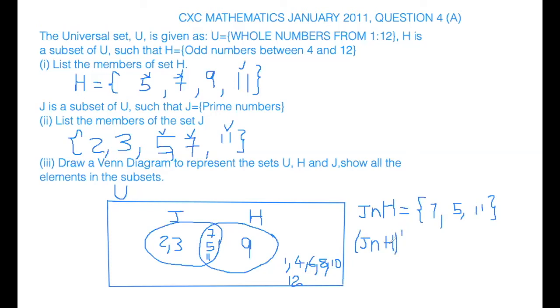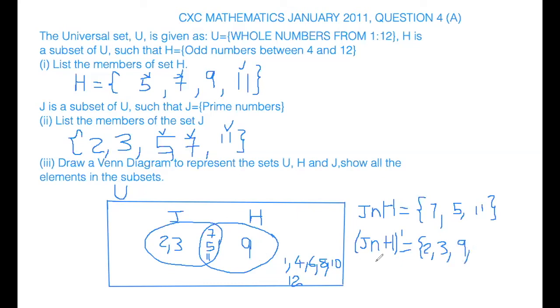J intersect H complement is asking for what is outside the intersection. So it'll be 2, 3, and 9, that's not within the intersection.